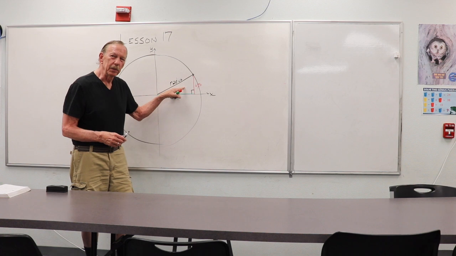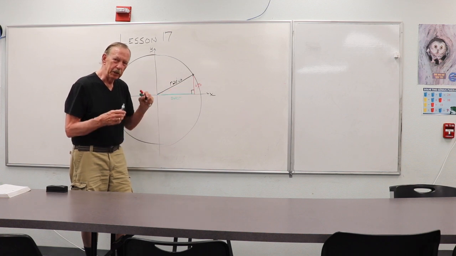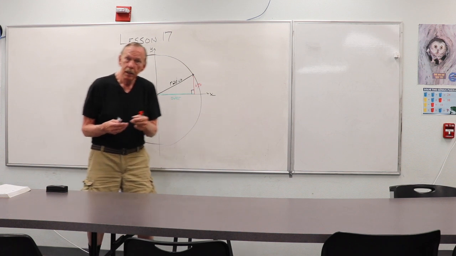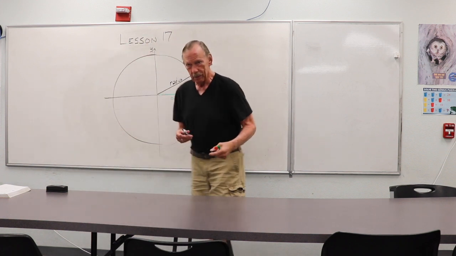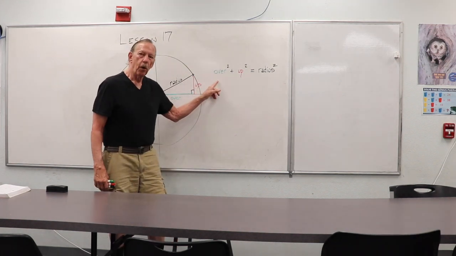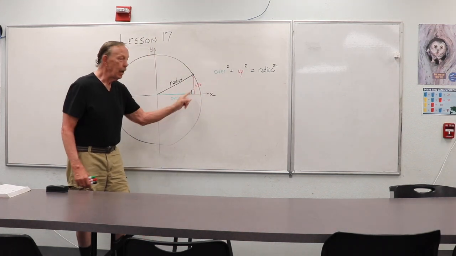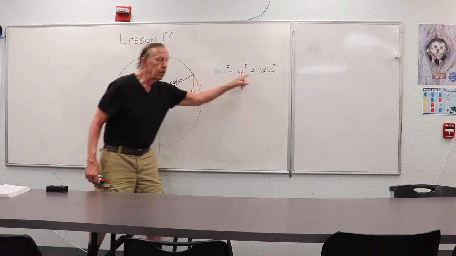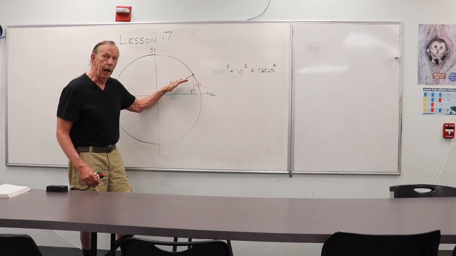So given this, we're going to use Pythagoras to come up with the equation of the circle. Ready? In a right triangle, we always have the relation that the sum of the squares on the two legs equals the square on the hypotenuse.